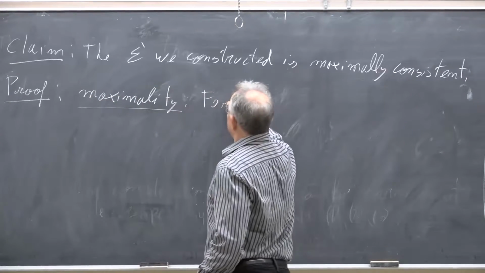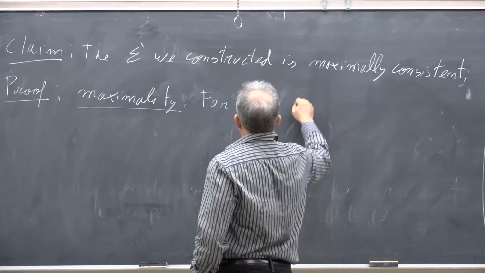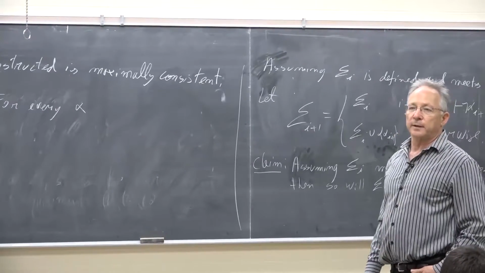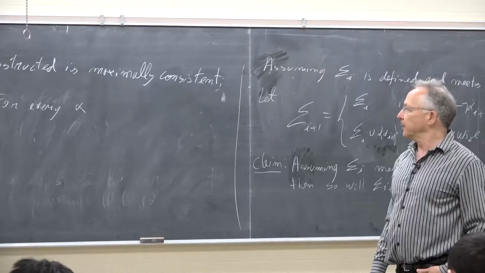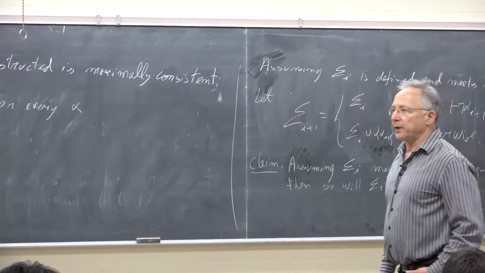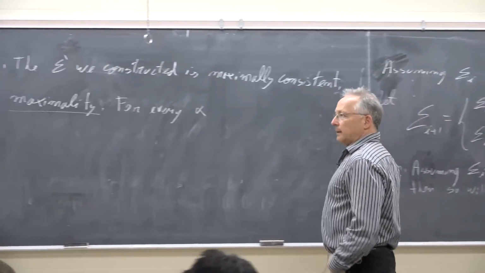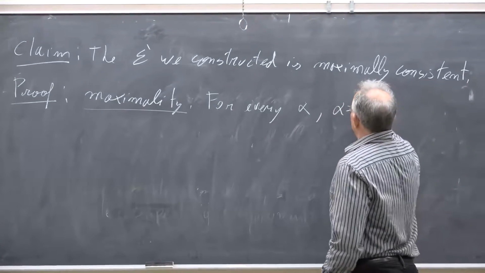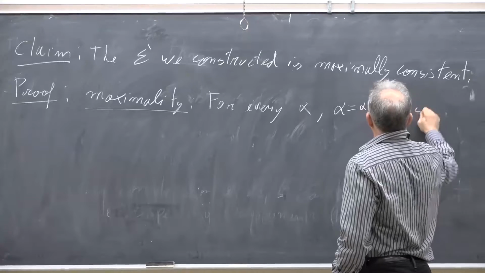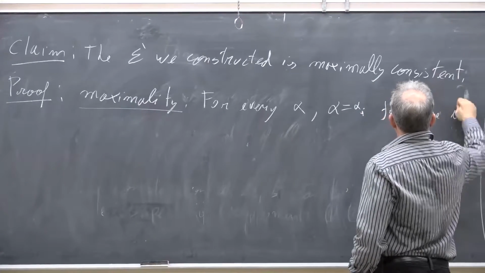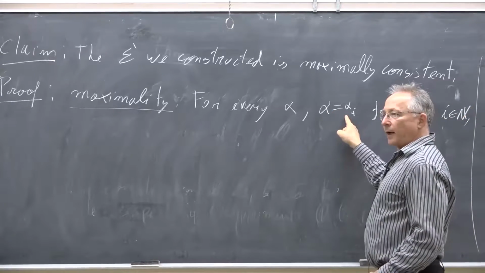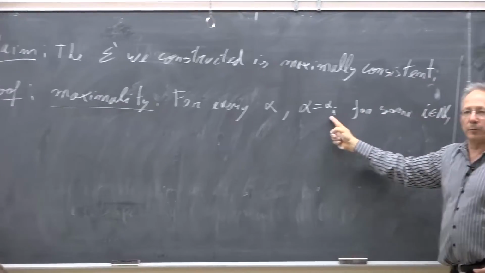For every alpha, I want to show that either sigma prime proves alpha or sigma prime proves neg alpha. So what happens? For every alpha, it appears in the list. Alpha equals alpha i for some i in n, because our sequence of alpha i's listed all of the possible formulas.